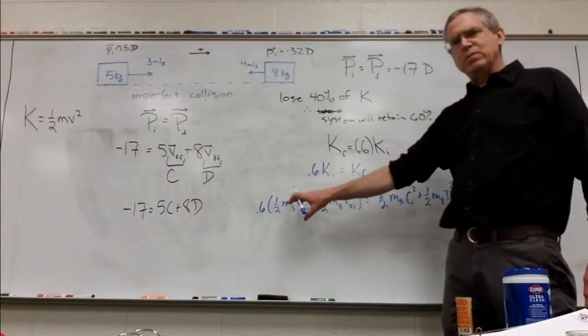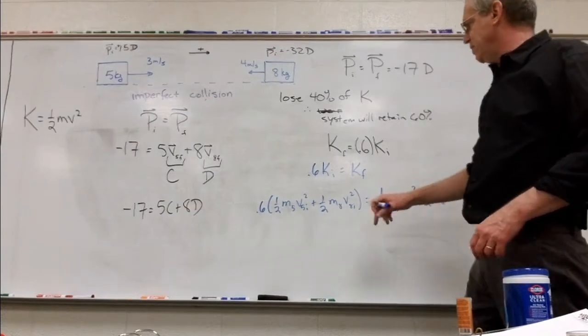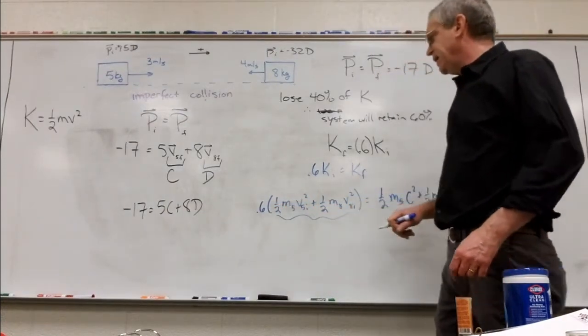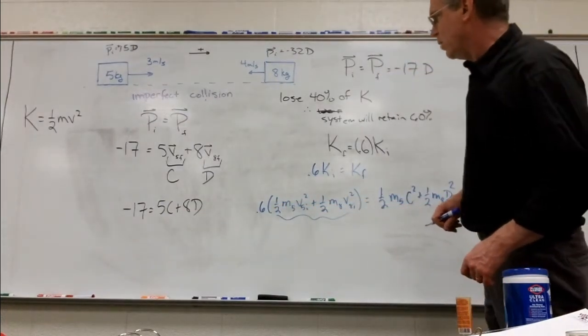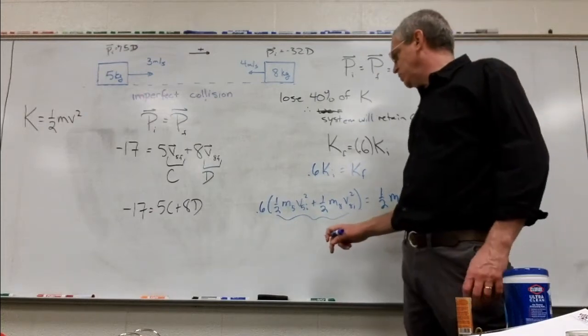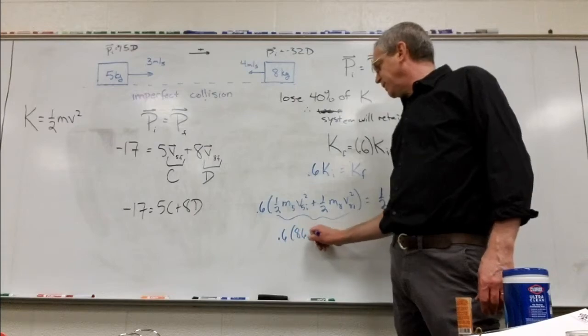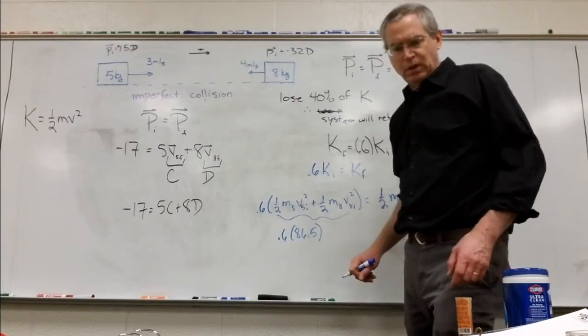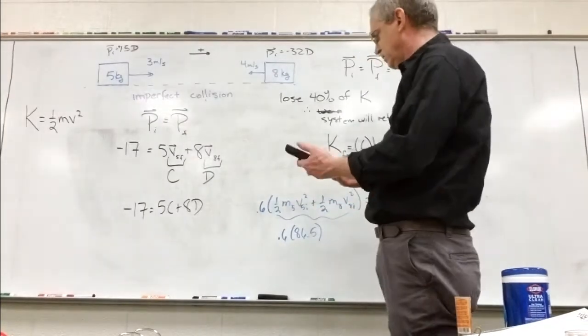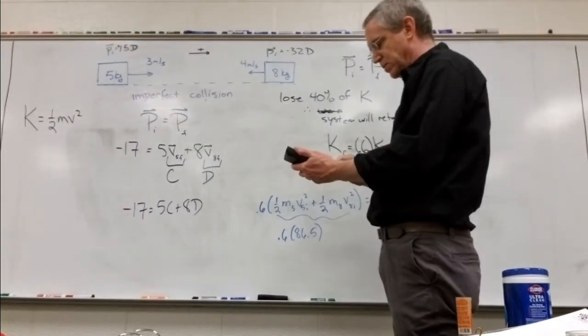Now we do know these numbers over here. We actually did calculate this right here as 86.5 joules. And so this is 0.6 times 86.5.